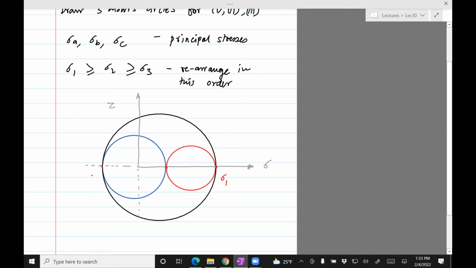By the way, this should be sigma 2 and sigma 3. Just by looking at the figure, you can see that the smallest circle should be corresponding to the extremes, right?